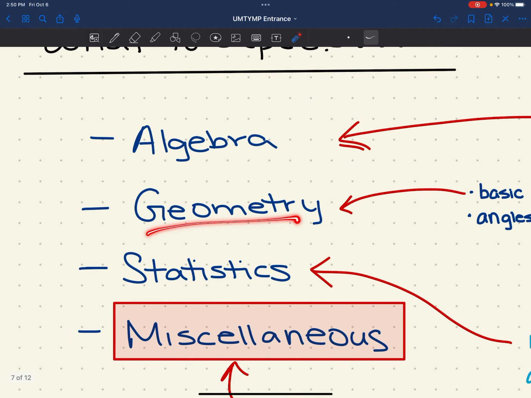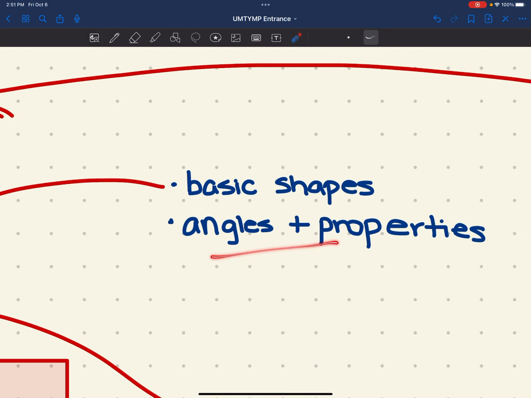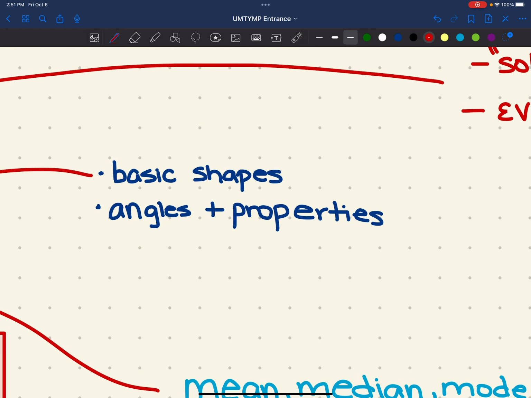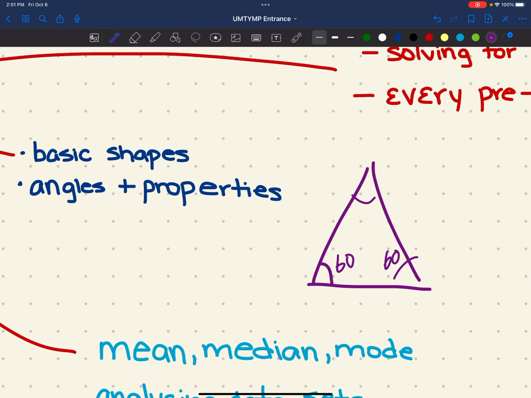Now for geometry, you have basic shapes, angles, and properties. When I say basic shapes, for example, it'll be a triangle, and let's just say this is equilateral, right? So 60, 60, 60.